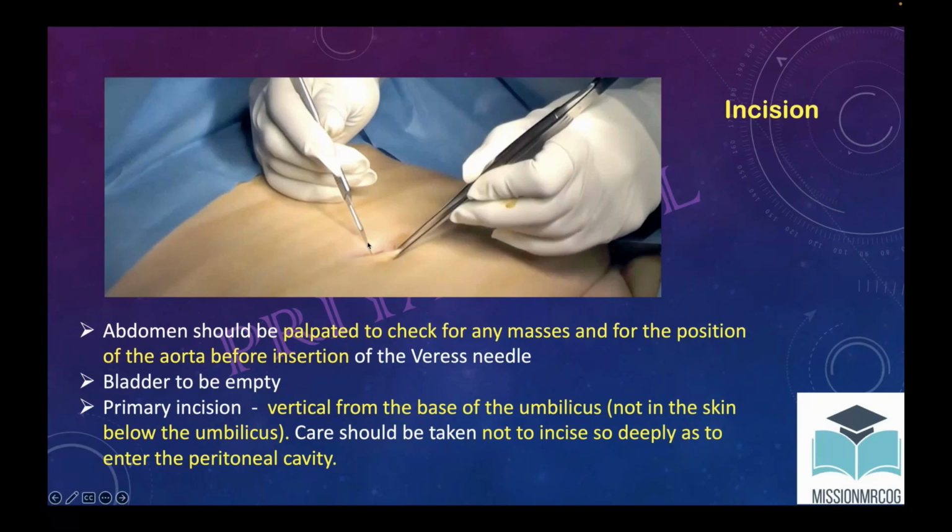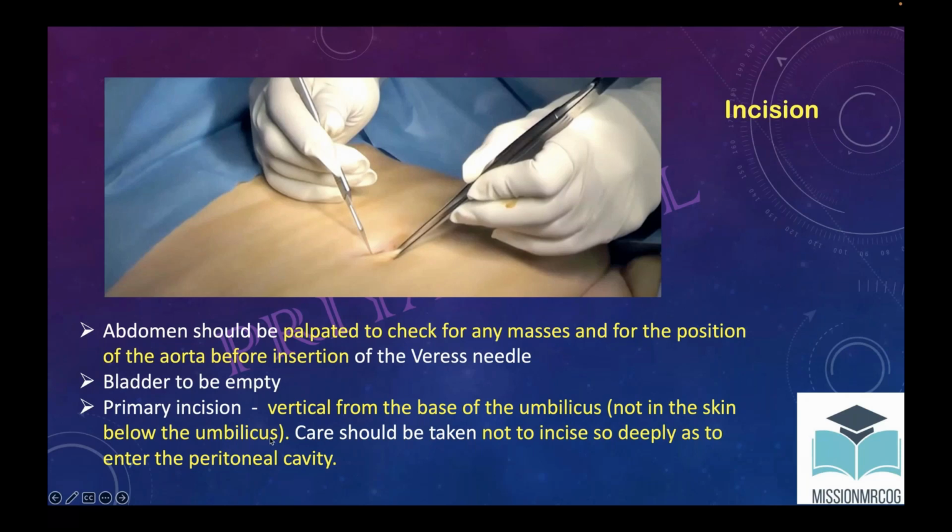And again, safety: you have to keep on speaking these safety points to your junior colleague. This is going to give you marks. Another safety point here is that we should not incise so deep that it directly enters the peritoneal cavity. So it is a superficial incision only. There are two or three safety points here that you have to speak.